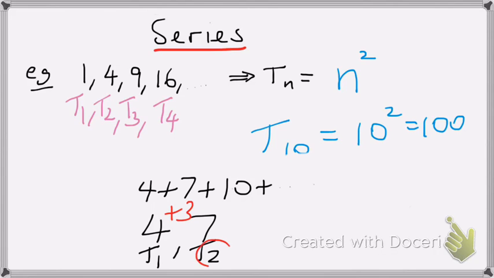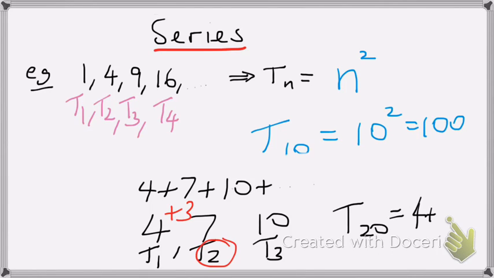To get to the second term, I've started with 4 and added 3 once. To get to the third term, I've added 3 twice. So to get to the 20th term, I've started with 4 and added 3 19 times. That's 61, I think.